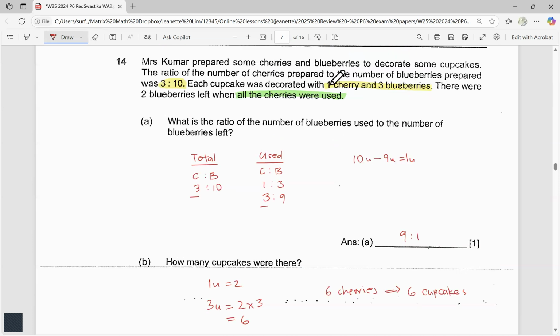Because 1 cherry is 1 cupcake. So if you can find the number of cherries, C for cherries, not cupcakes, used, which is 3 units, that means there are 6 cherries. So 6 cherries means there are 6 cupcakes.